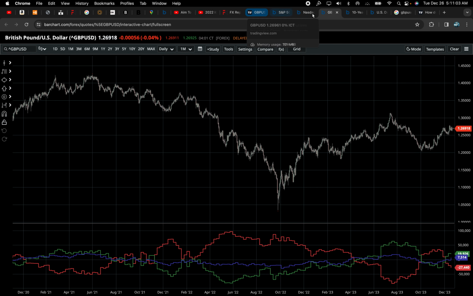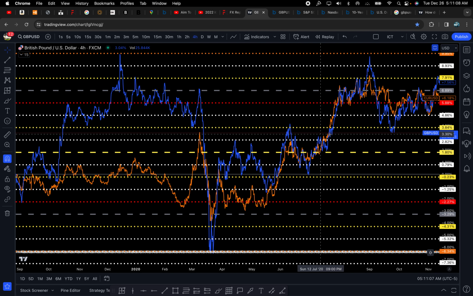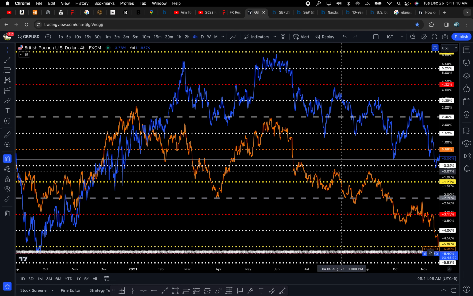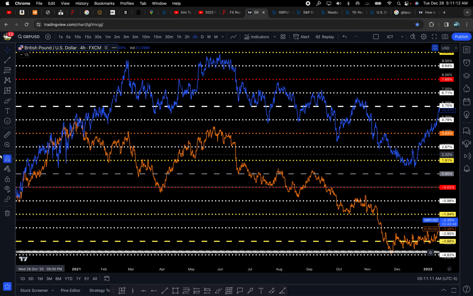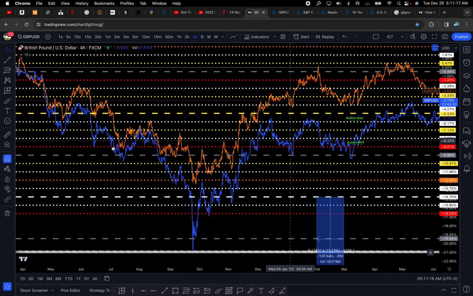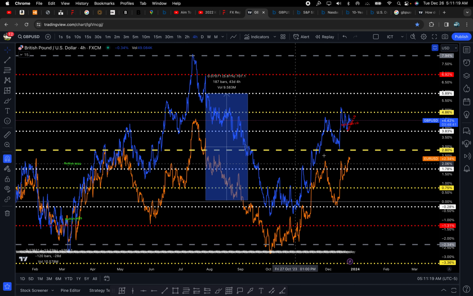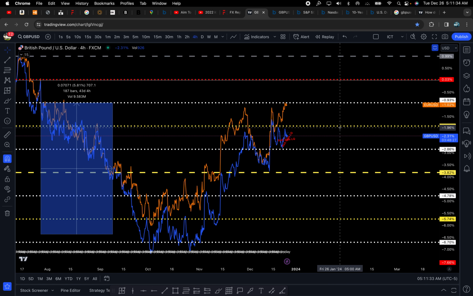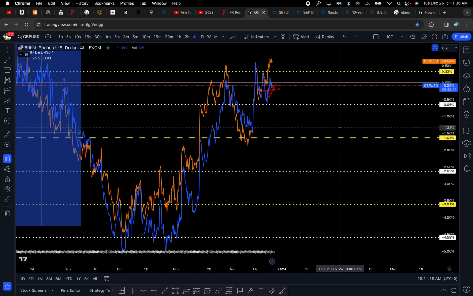So when you combine the correlation, let me go back to current time. When you combine the fact that we have equal highs here, yeah, we did run above it, okay, but we have this much higher high here, and if you keep zooming in, we're on the 4 hour.